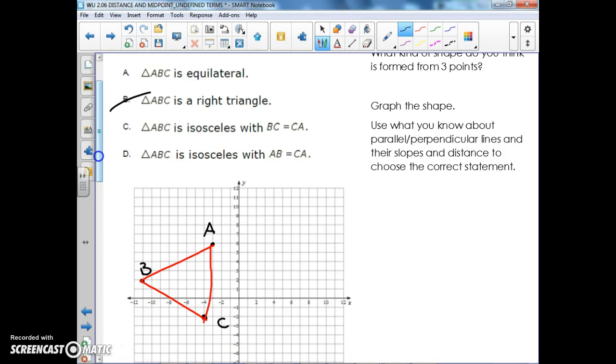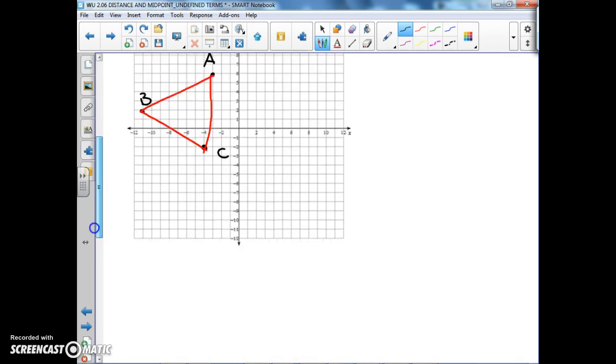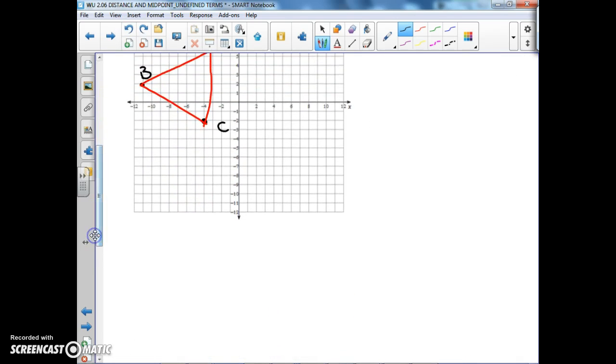All right, so how do we find the lengths of sides? We have to use the distance formula. The distance formula used in the plane is going to give you the length of BA, AC, and CB. First I'm going to use the distance formula for side AB.